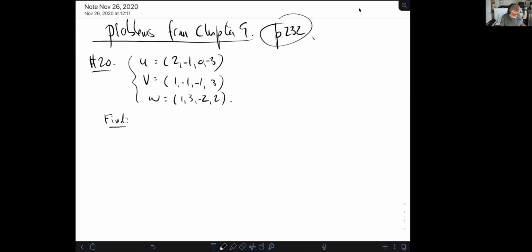So I'm going to do D. If you can figure out D, all the other ones should be exactly the same. There's no extra difficulty. I'm asked to find 5u minus 3v minus 4w.